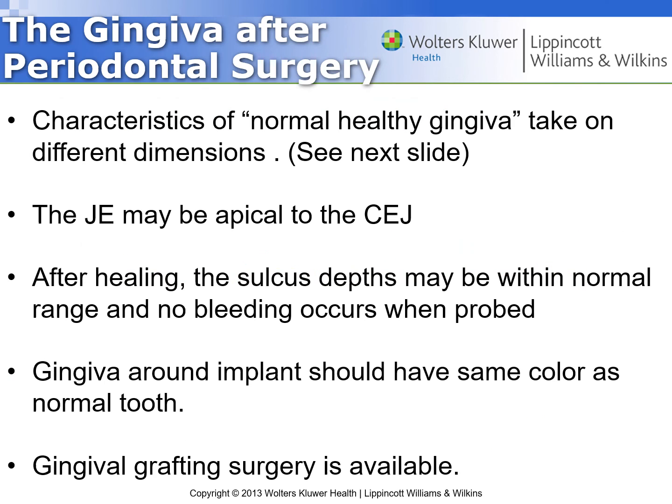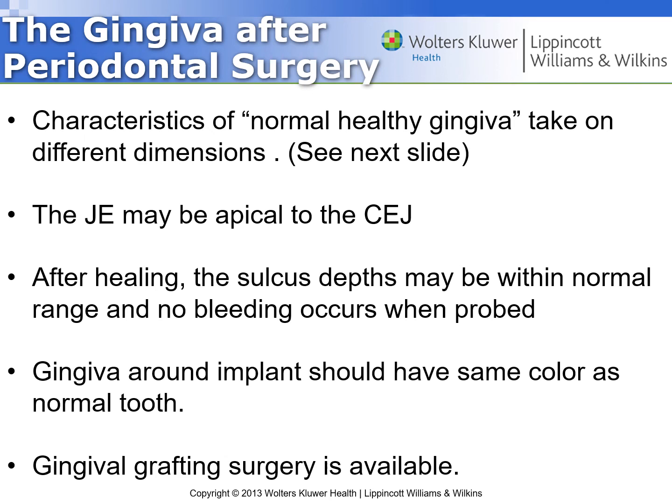Future test questions: the gingiva after perio surgery. The characteristics of normal healthy gingiva take on very different dimensions, as we'll see on the next slide, after they've had periodontal surgery, which could be like that graft I was talking about.